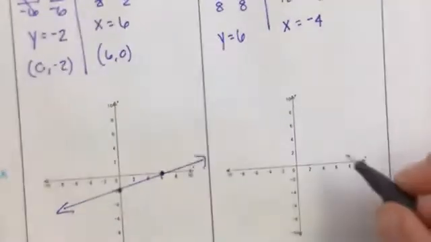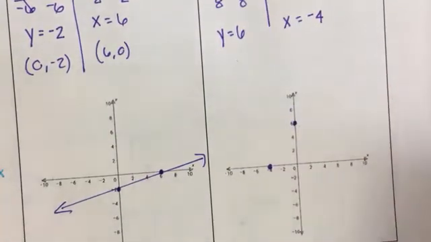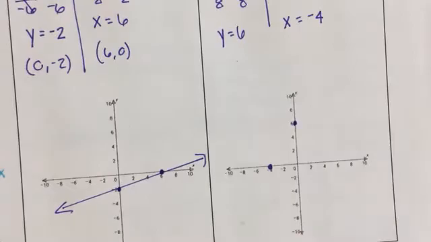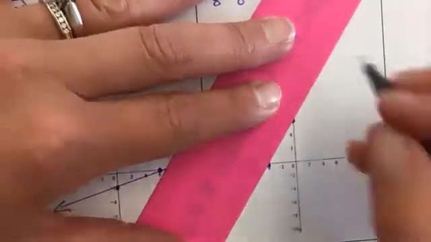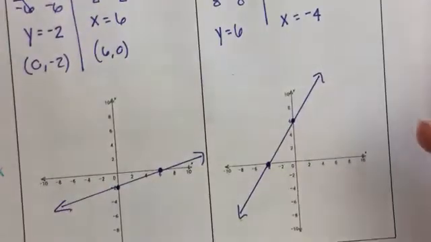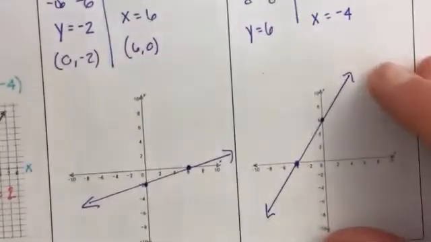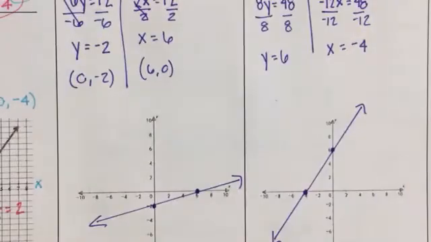So my x-intercept is -4. My y-intercept is 6. And then I graph my line. Any questions on those ones?